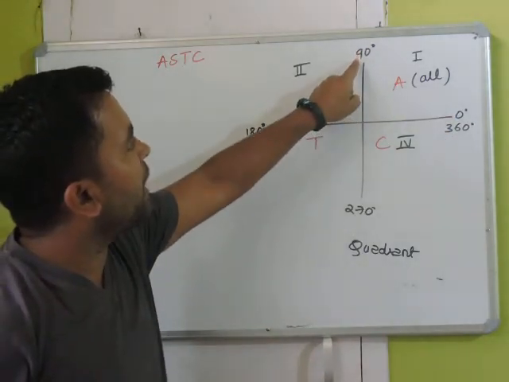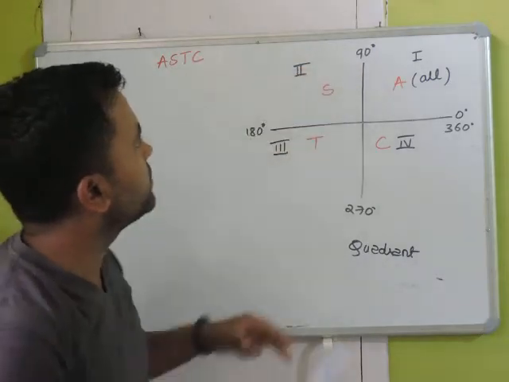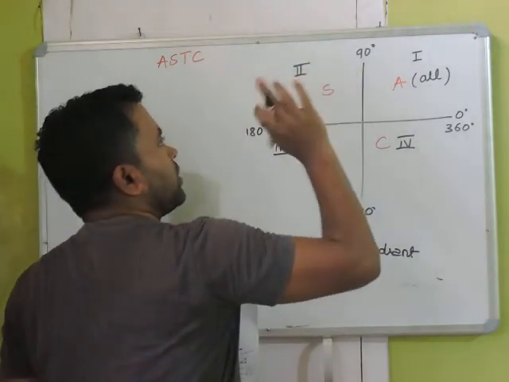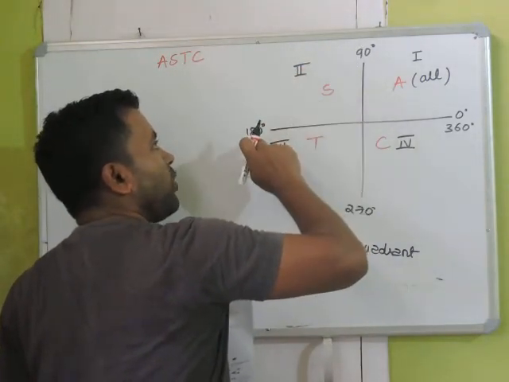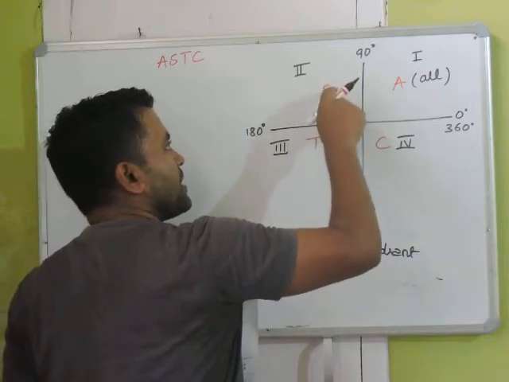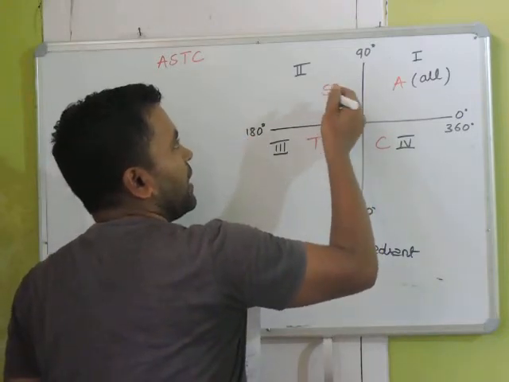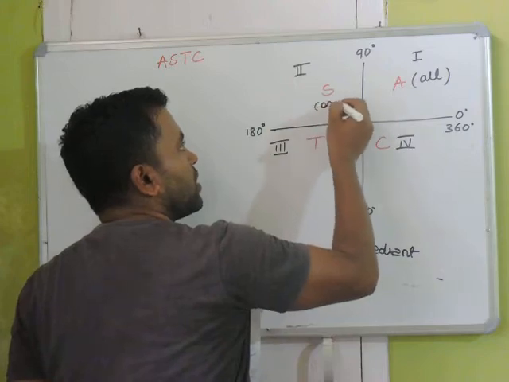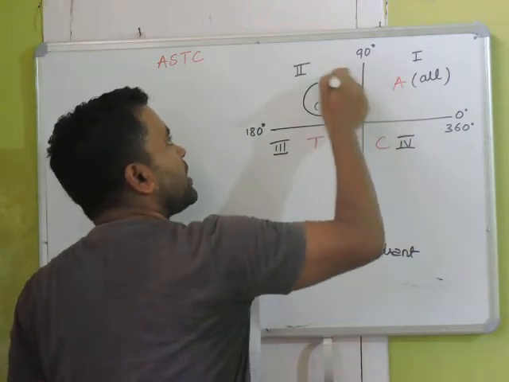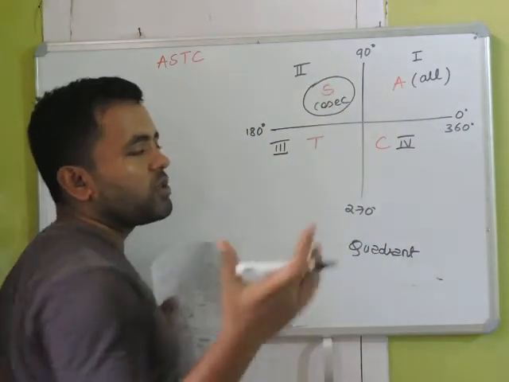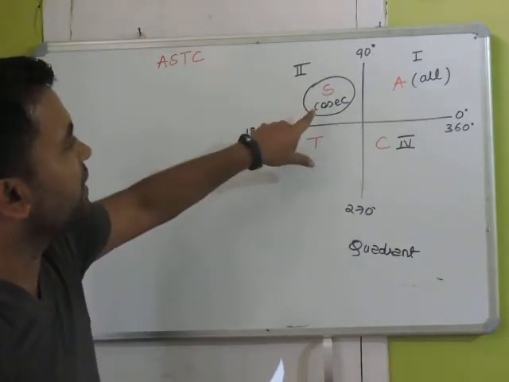If you go from 90 to 180, it stands for sine, and I will also write cosec. So sine and cosec, of course they are reciprocals of it, are positive here.